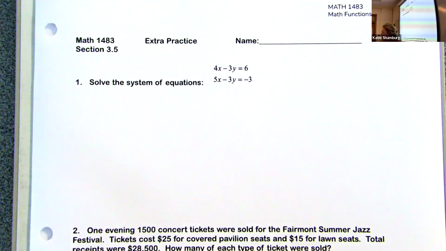Okay. So this first one says solve the systems of equations. So we've been doing that today, but every one of them we have done by substitution. And you could choose that on this one. I wouldn't though. Why not?